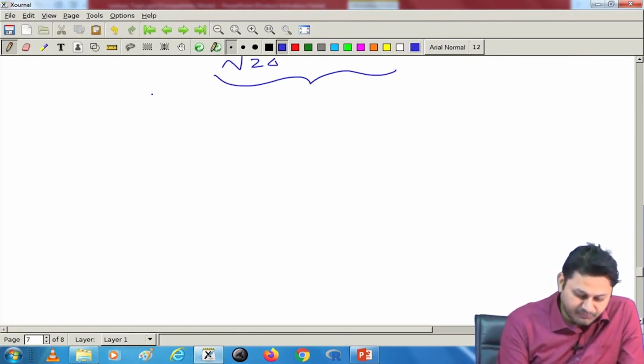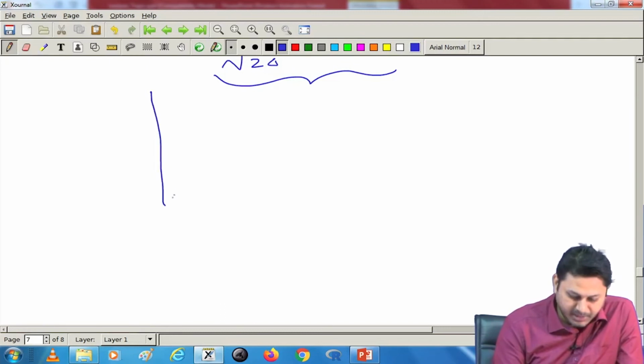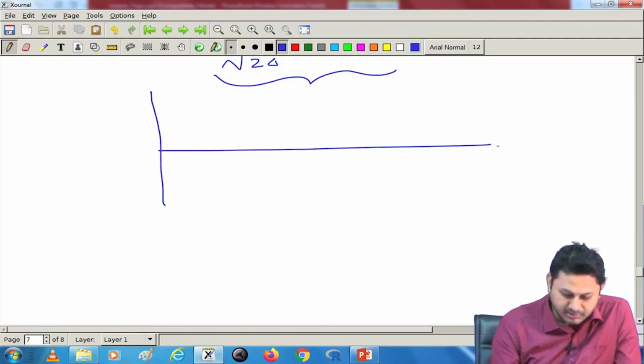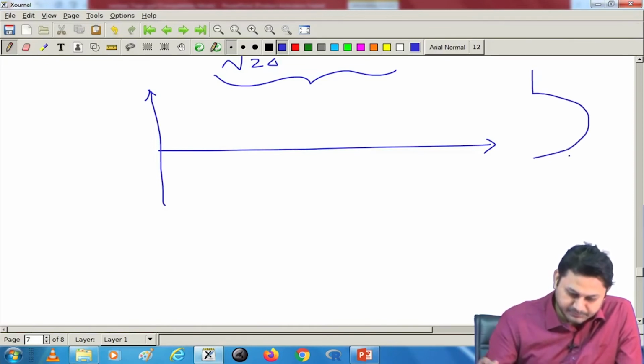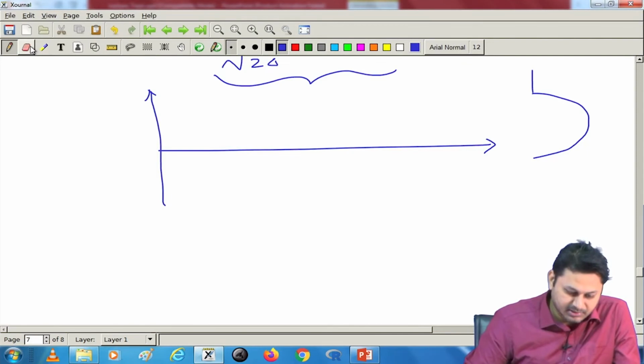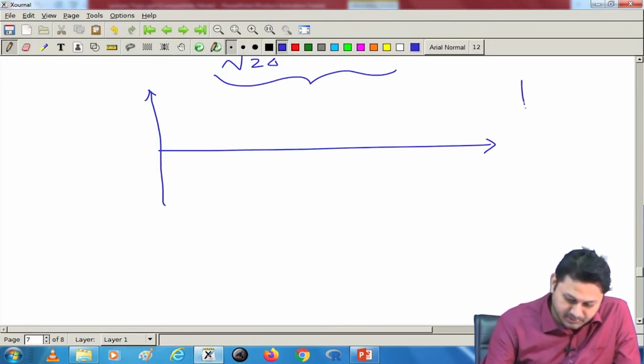So, let me draw finally how the path will look like for a parabolic profile. I need to make this drawing slightly better. So, this is the profile I have.